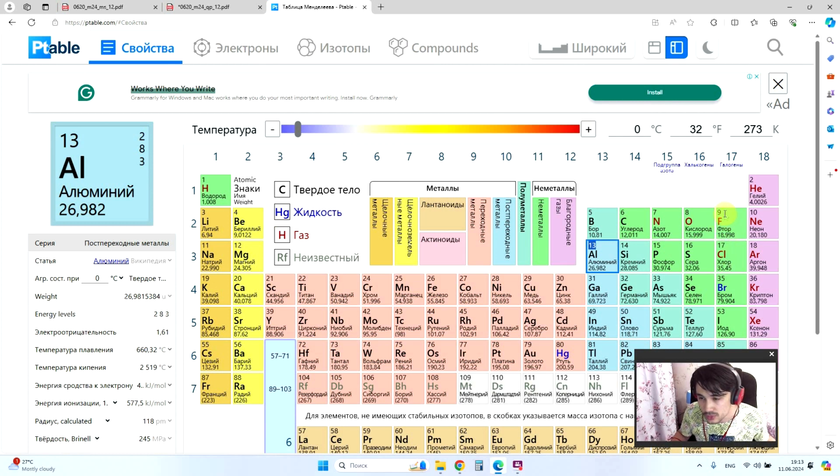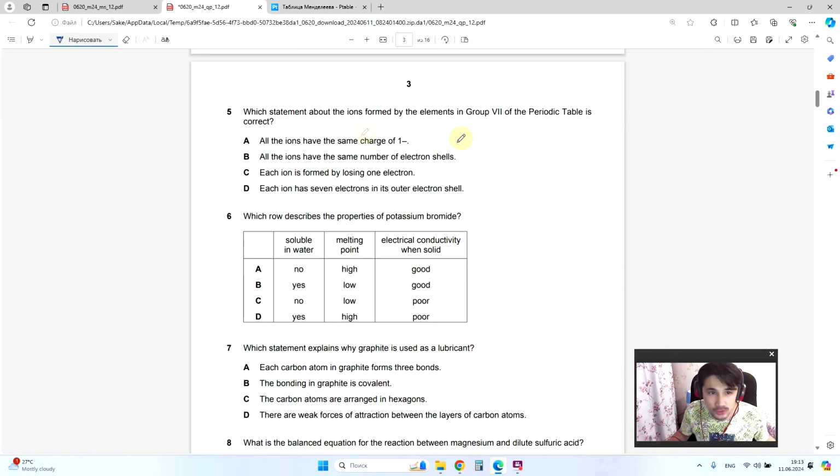So this is group 7, and they produce only ions with negative charge 1 minus, as you remember. So that is probably the correct answer, and you can save your time again. But if you're not sure that option A is correct answer, you can address the further options.